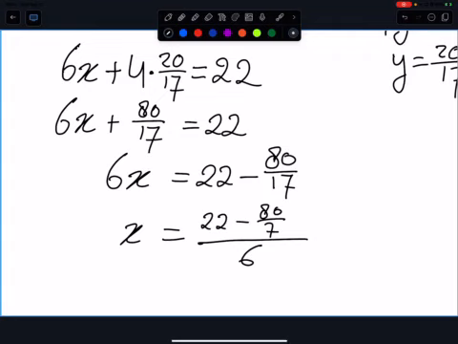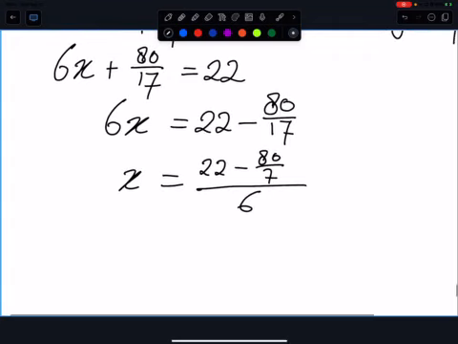Just to make it easier, I don't want to work with fractions. And then x equals, oh yes, 70.